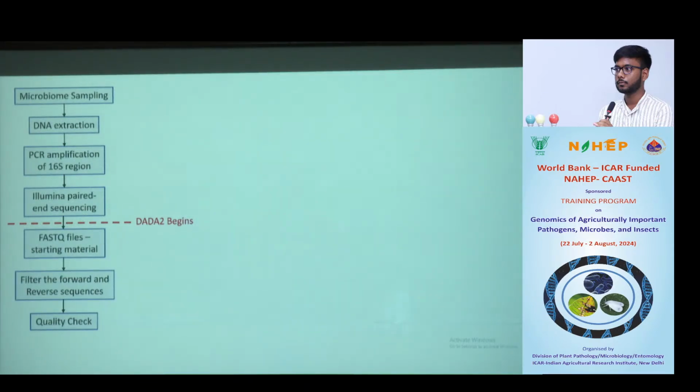That tells the trueness of the base call. If a base call has a Phred score above 30, it is very good. After we get the FASTQ files, we start the data analysis in RStudio.